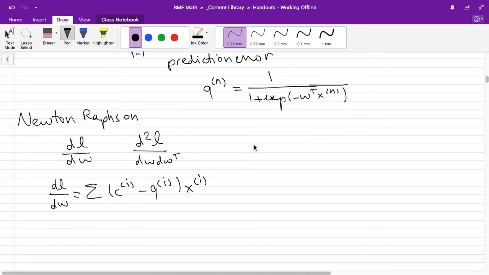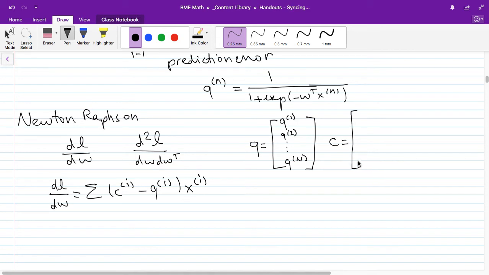Let's say the vector q is the q on the first trial, the q on the second trial, the posterior probability, our guess, up to the nth trial. Then we have this vector c, our labeled data on the first data point, the second data point, the nth data point.